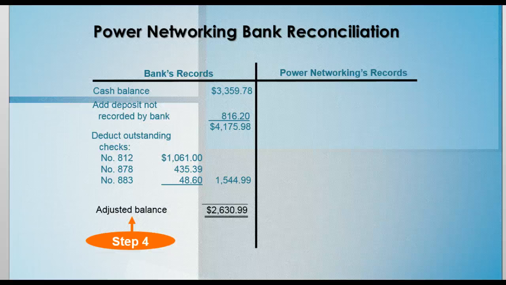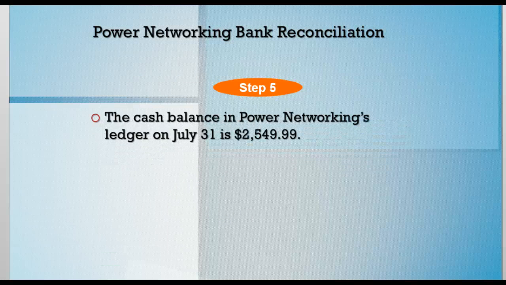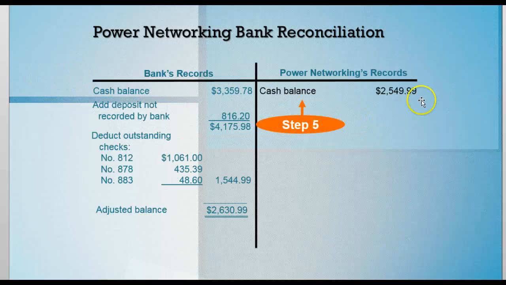So now you have a new balance of $2,630.99. So now we're ready for the other part. Our cash balance in our checkbook says it's $2,549.99. So we'll put this right here.